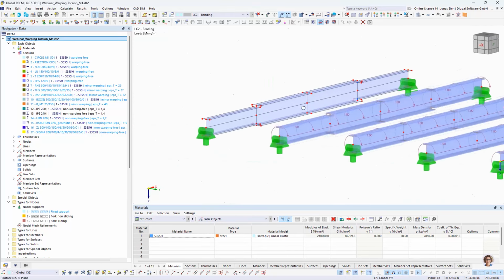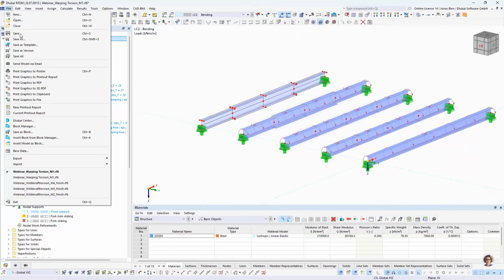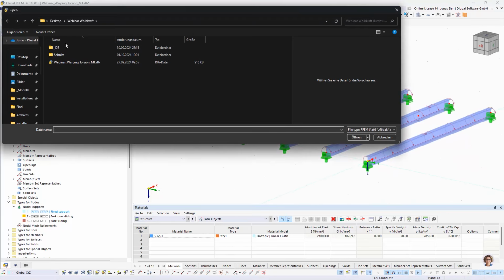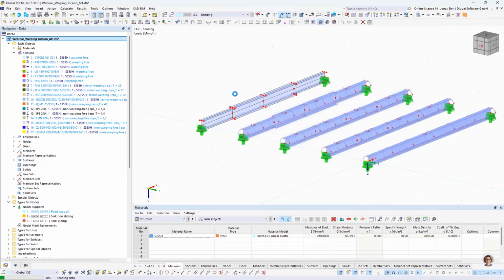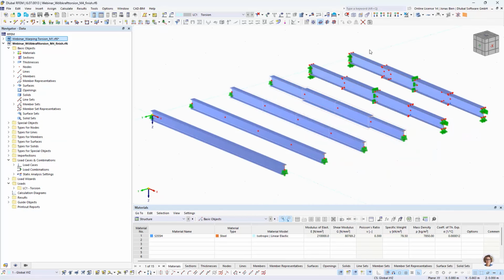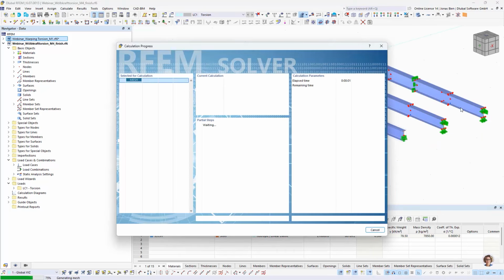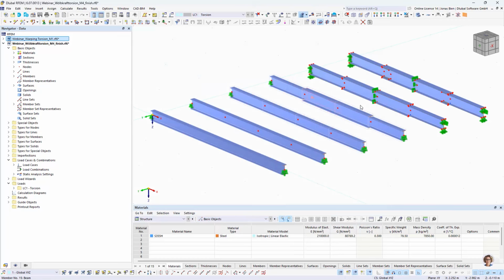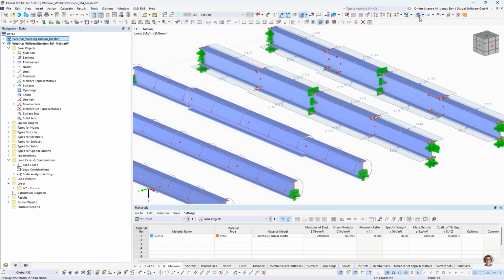But due to time limitations, I will jump over to a model that I have already prepared, where I have applied proper boundary conditions and a proper mesh, and where I have changed the torsional load to a pair of line loads on the surface.